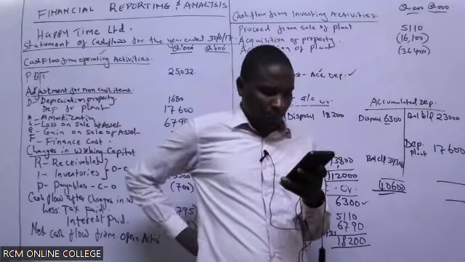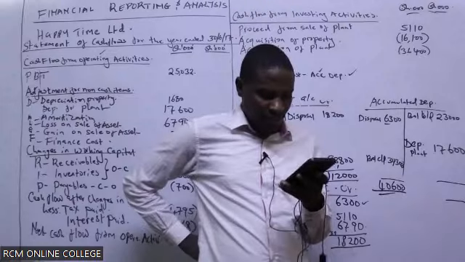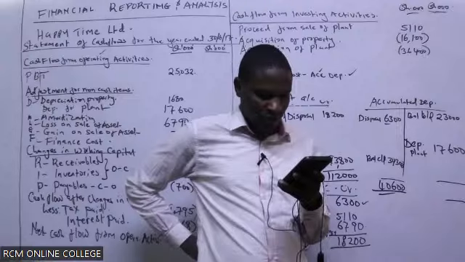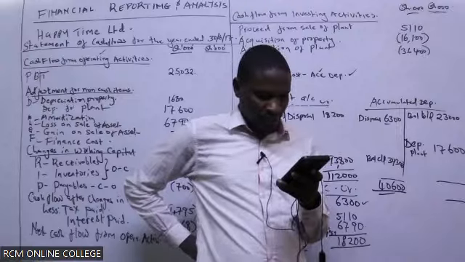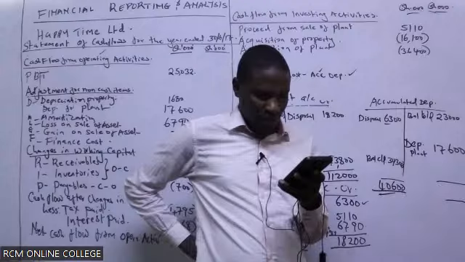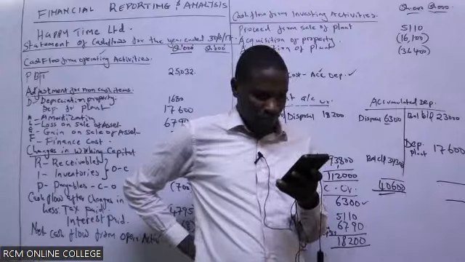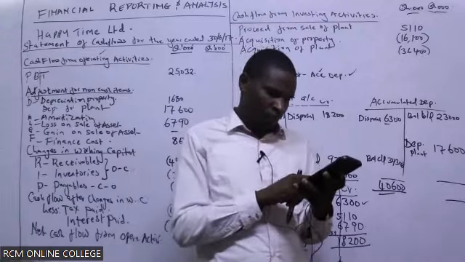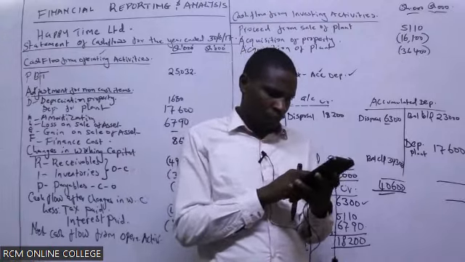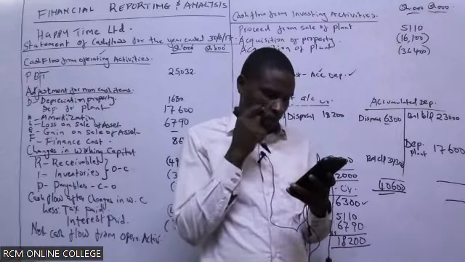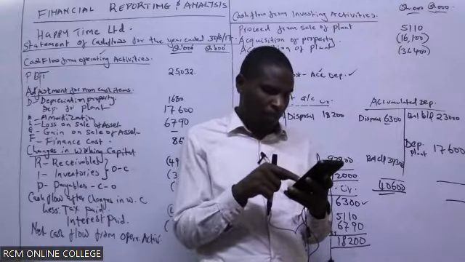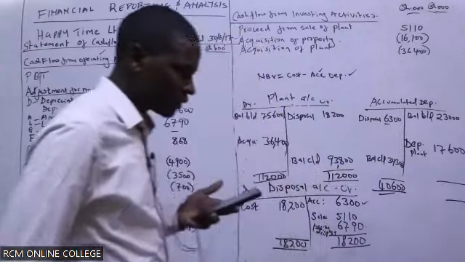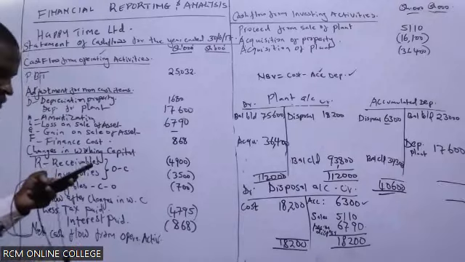Do you see any other item affecting not profit, but the accumulated depreciation of this plant? 23,800. We can see. Move aside as we check this.